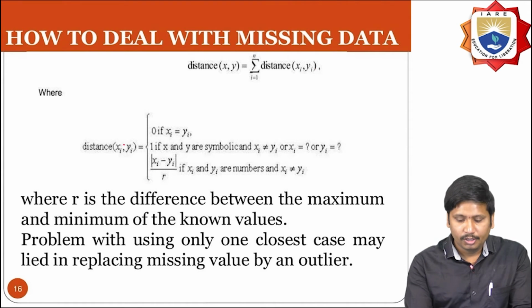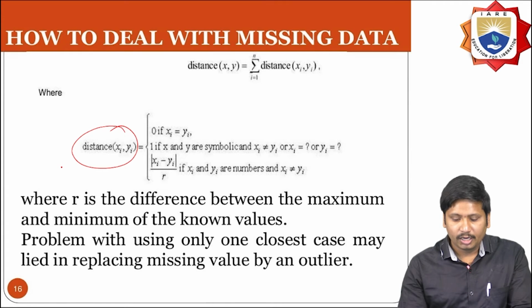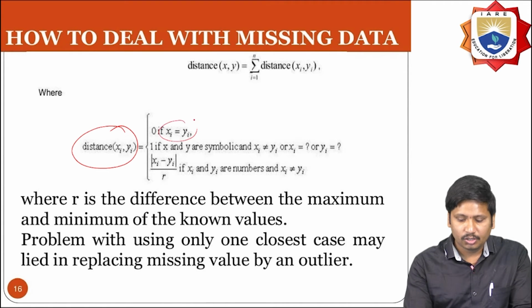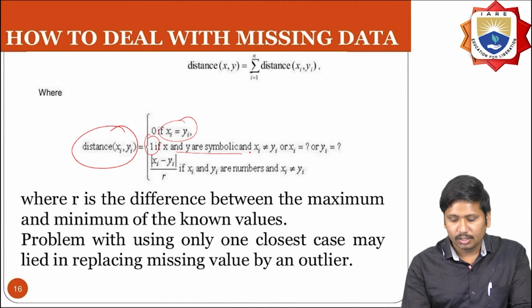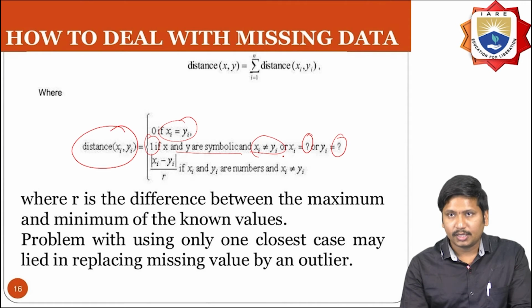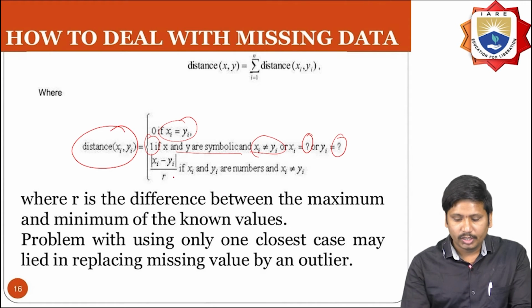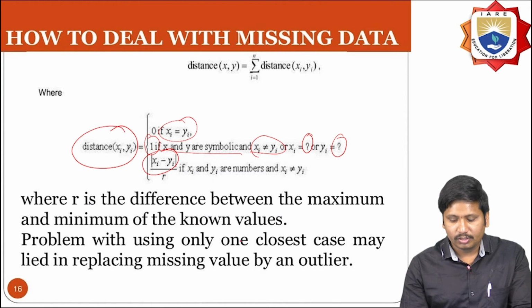The distance of xi, yi should be 0 if xi is equal to yi, and the distance should be 1 whenever x and y are symbolic and xi is not equal to yi. Otherwise, it is calculated as the absolute value of xi minus yi divided by r, where r is the maximum difference of the values or the minimum difference of the values.